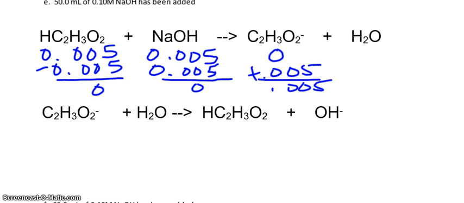Well, think about it. This is what you have. You have your base and your water. So now you're going to create your weak acid with hydroxide. Now, what changes here? When you go on and you figure out how many moles of everything you have, what molarity you have, consider this.